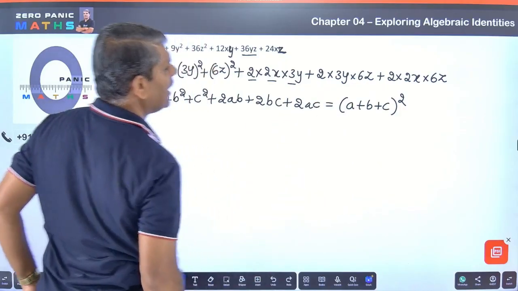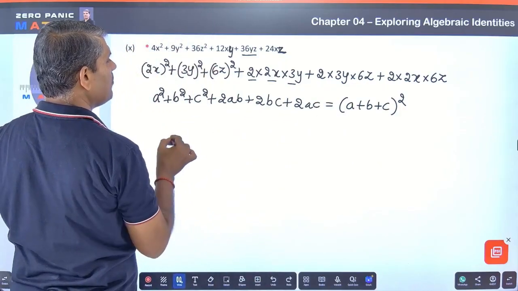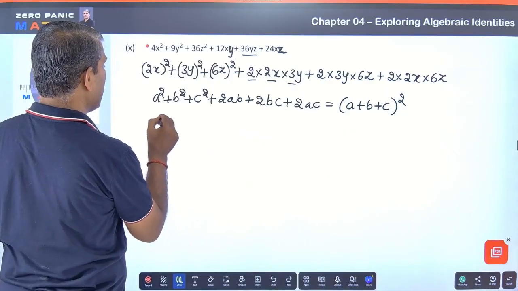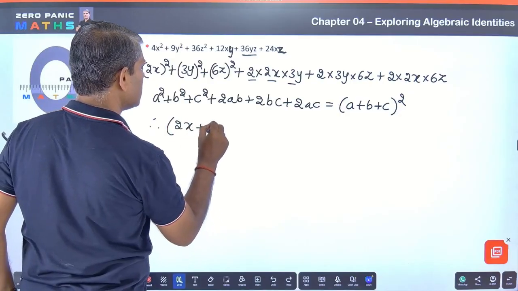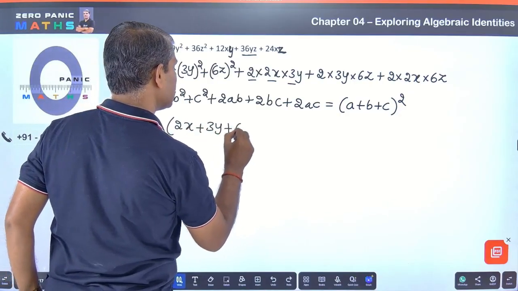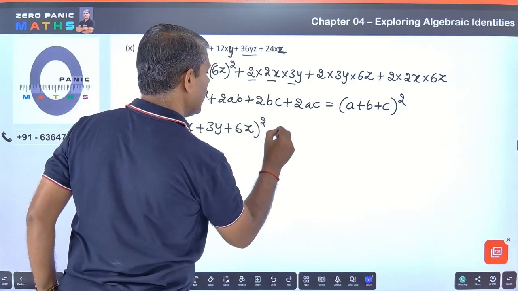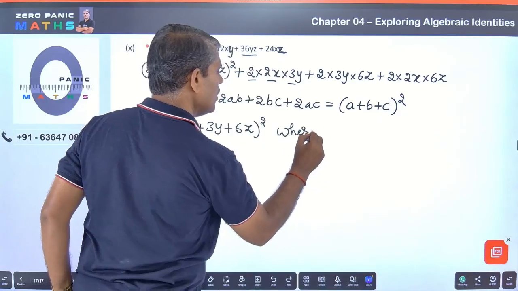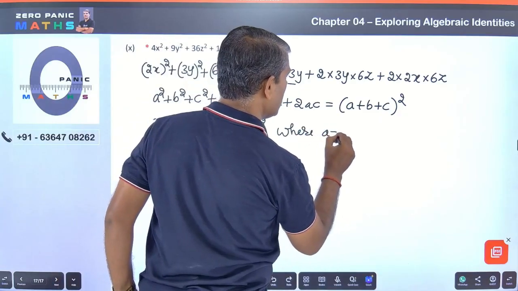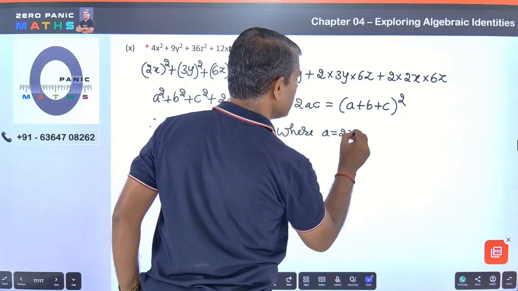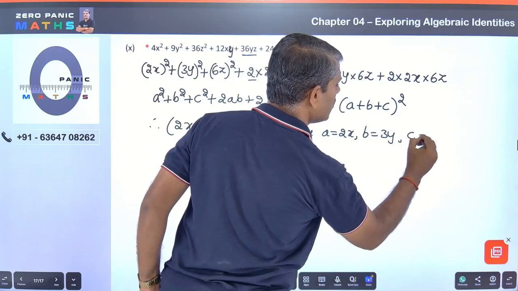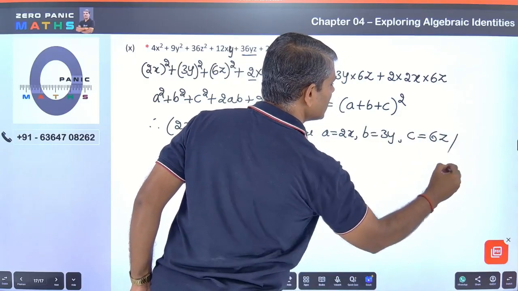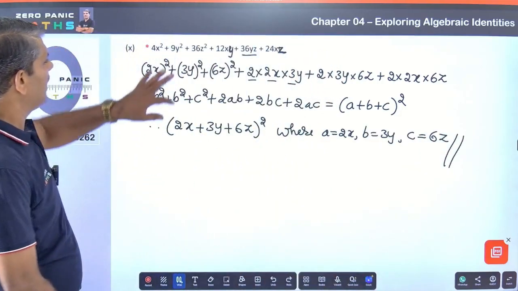I can directly write it as a plus b plus c whole square, and therefore I can write this as 2x plus 3y plus 6z whole square, where a is equal to 2x, b is equal to 3y, and c is equal to 6z. So this is the answer to this.